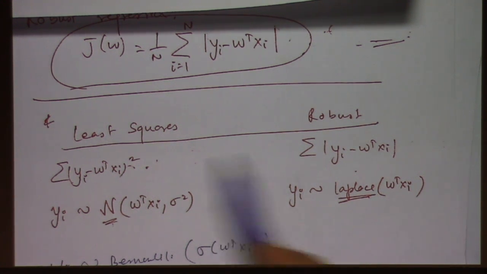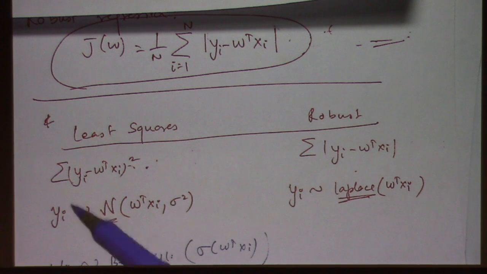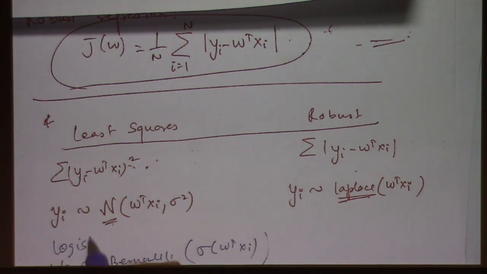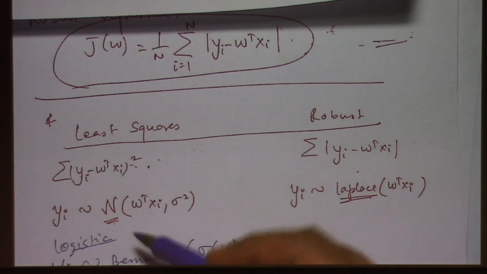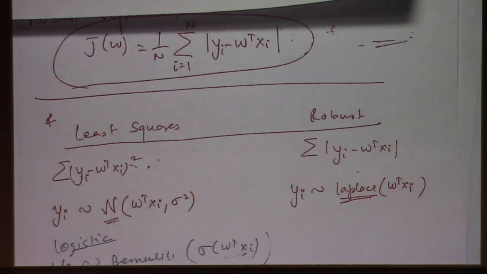So least squares, robust, and logistic all have some similarity. They all are doing W transpose xi, but then they're applying different probability distributions to get your yi. In the case of logistic, because we are assuming that yi is Bernoulli, it can take one out of two values, which means that it becomes a classifier.